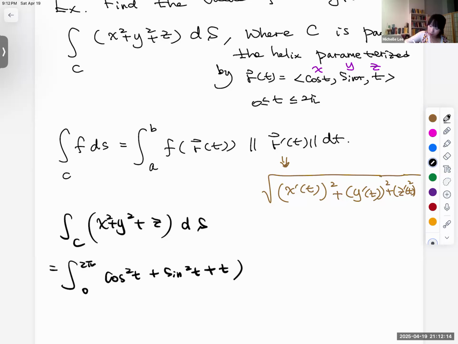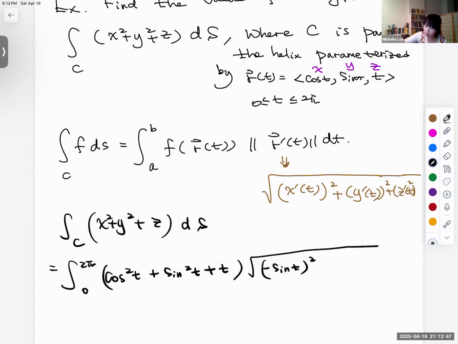Now we have to find the magnitude of r prime of t, right? So the magnitude of r prime of t will be the square root of x prime of t squared. So what is x prime of t? What's the derivative of cosine? Negative sine, right?